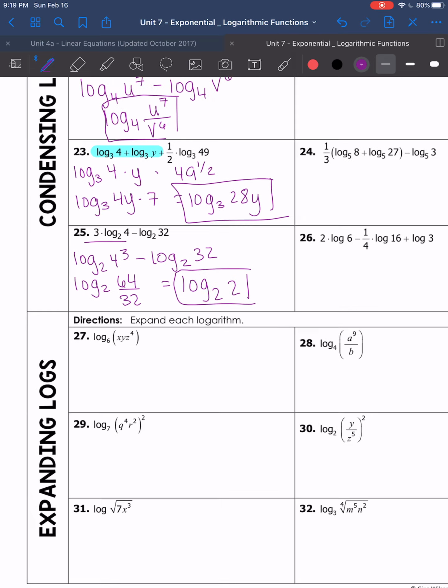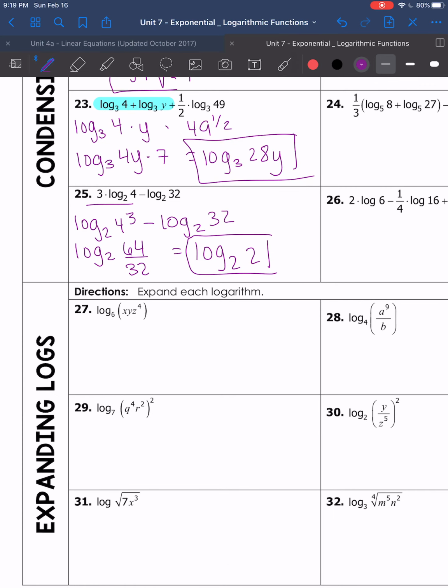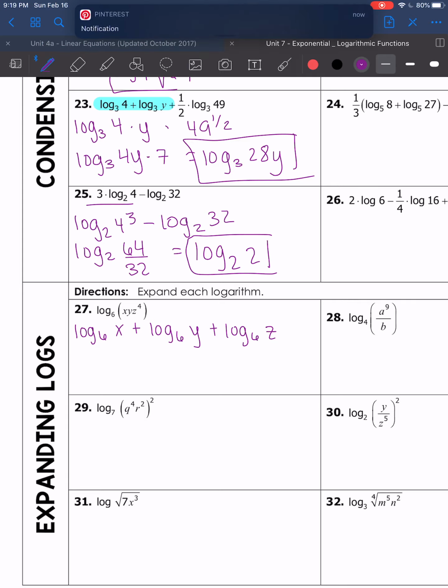Now if I want to expand the logarithms, well, it's all being multiplied, so we'll have log base 6 of x plus log base 6 of y plus log base 6 of z to the 4th.